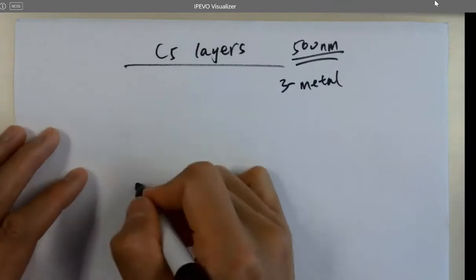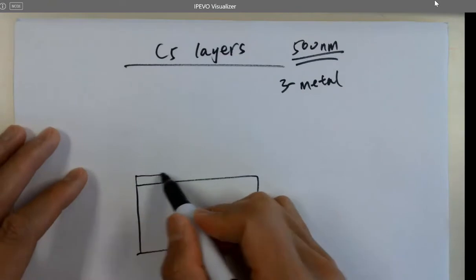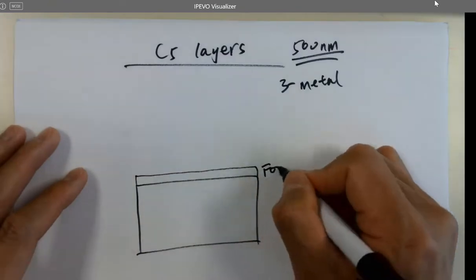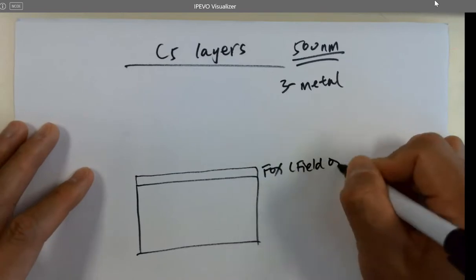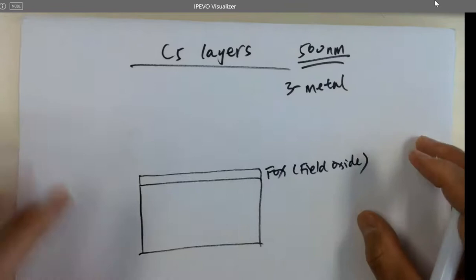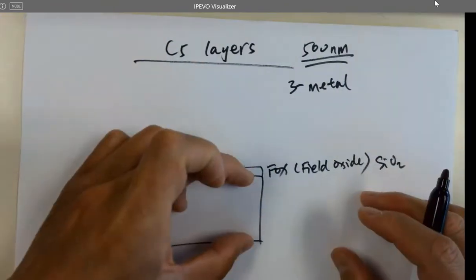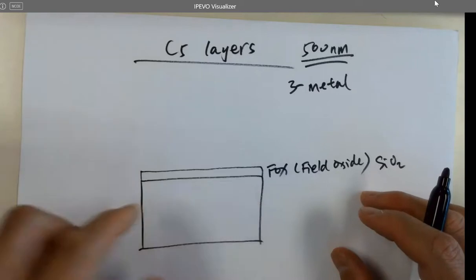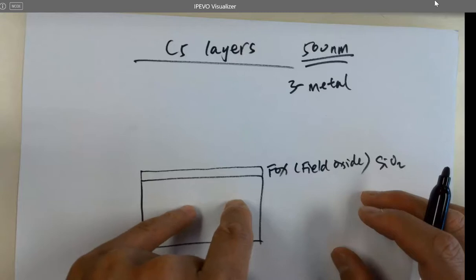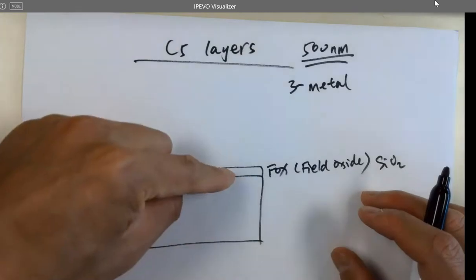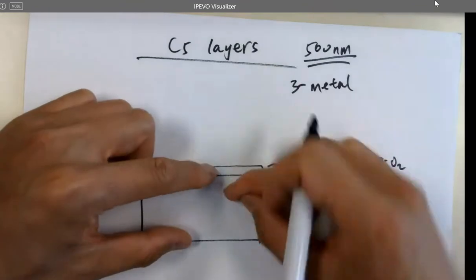If you look at the cross-sectional view, here's a P sub, and the first layer is called FOX, Field Oxide. So this is a silicon dioxide layer directly on top of the P sub. If you do not have any N plus or P plus being doped into the P sub, you don't need to open it up. But whenever you need to dope it, you just open it up and then dope the material into the sub.